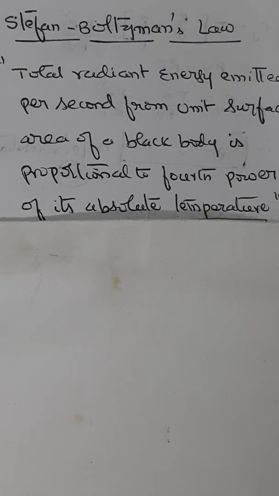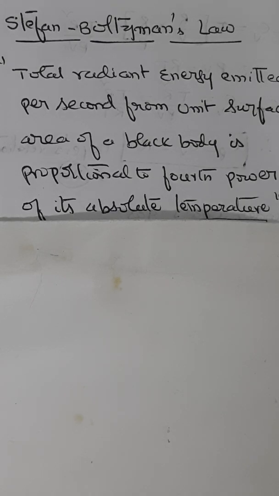Now let us look at Stefan Boltzmann law. It says that the total radiant energy emitted per second from the unit surface area of a black body is proportional to the 4th power of its absolute temperature.